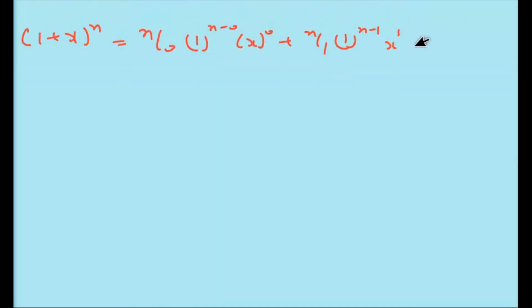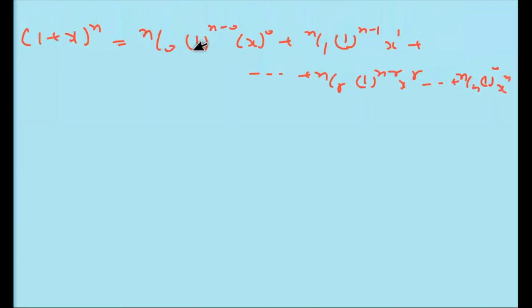If we write the expansion of (1 plus x) to the power n, what we have to write? nC0 1 to the power n minus 0 x to the power 0 plus nC1 1 to the power n minus 1 x to the power 1 plus and so on, and the general term nCr 1 to the power n minus r x to the power r, plus nCn 1 to the power 0 x to the power n.